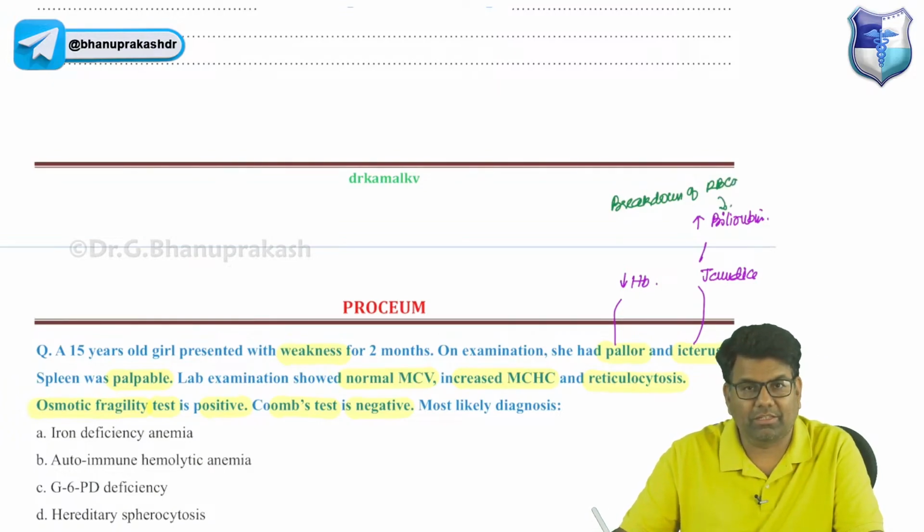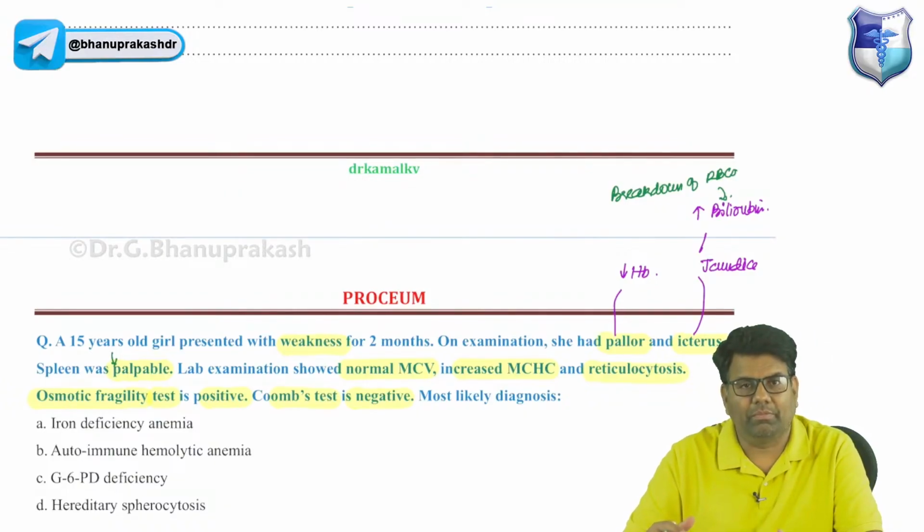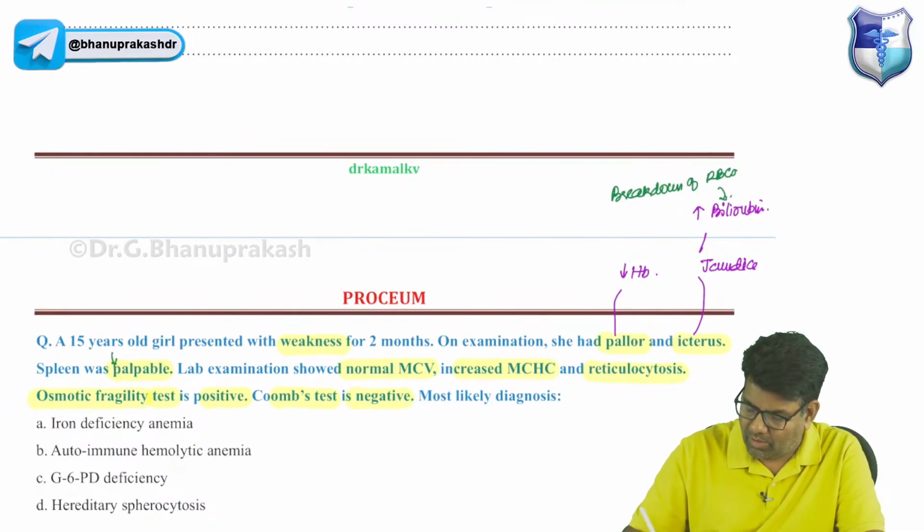So it might suggest that there is breakdown of RBCs. Then the spleen is palpable. It means the spleen is enlarged.